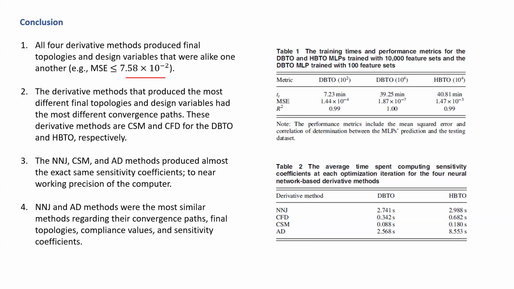But there are differences, and just by looking at the convergence plot, one can observe that the most different ones are the ones that take a different route. So that would be the complex step method for density-based topology optimization, and the central finite difference method for homogenization-based optimization.